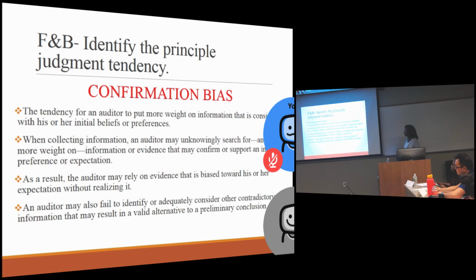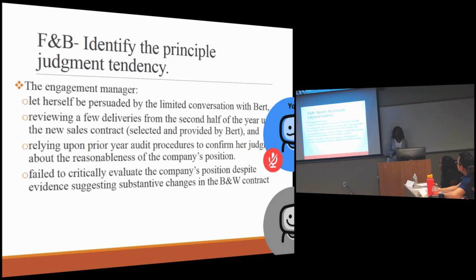So, the things that she did at the engagement was, as it pointed out, she let Bert sway her views. He persuaded her. She didn't review any addition. She accepted his analysis.